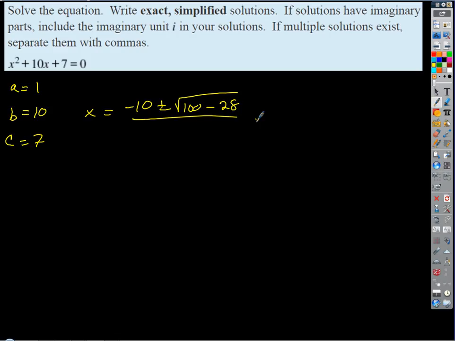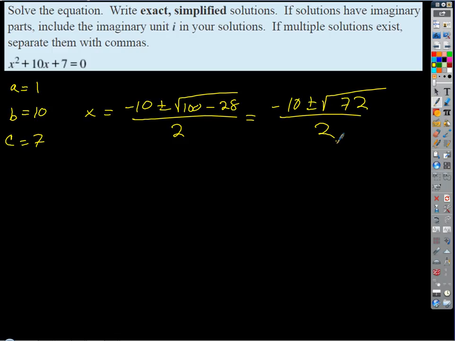All divided by 2 times 1 is 2. Well, that's just negative 10 plus or minus the square root of what, 72, over 2. So probably the hardest part of this whole thing, it's not very hard, is we just have to reduce that, or simplify that radical.